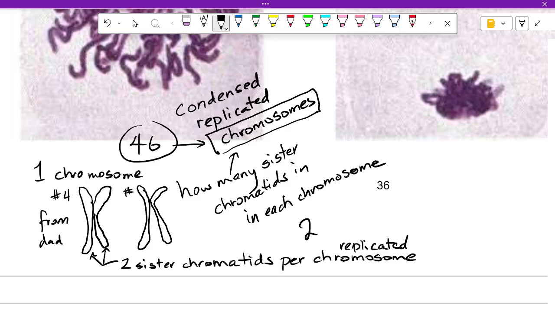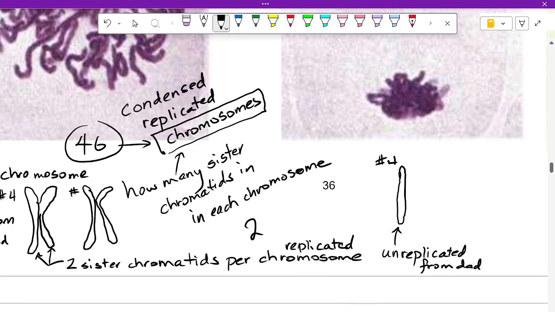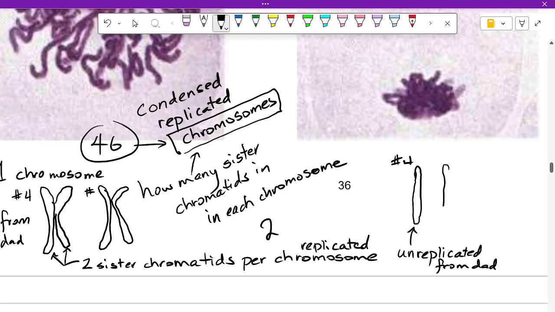An unreplicated chromosome, we could show it like this. Okay, and we would have unreplicated from mom.